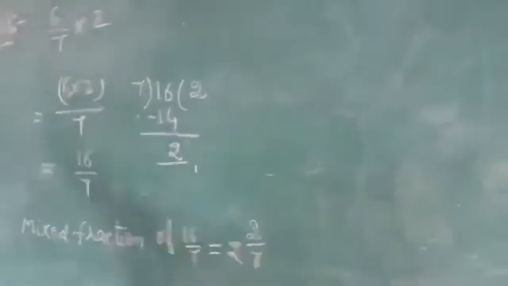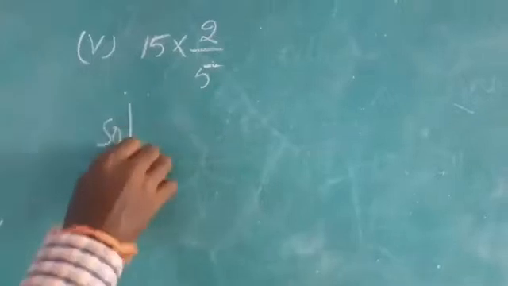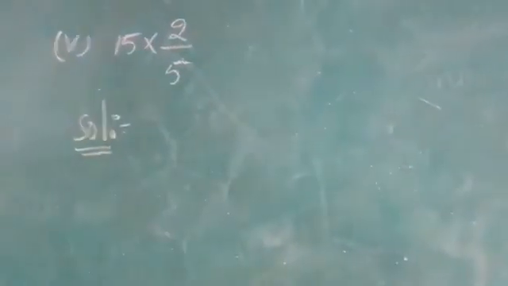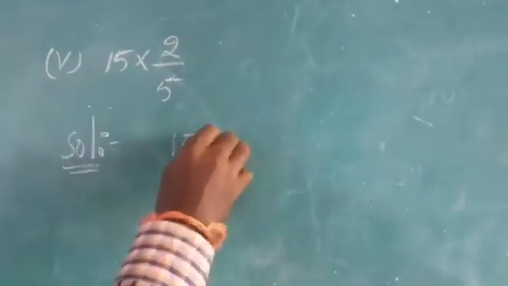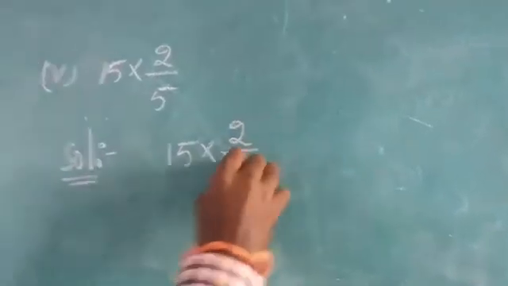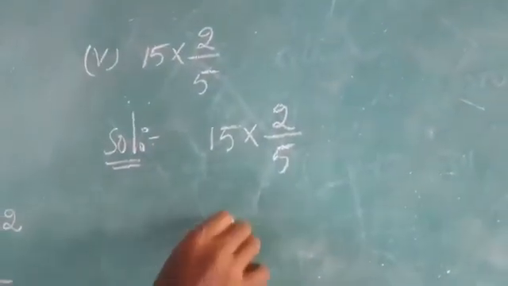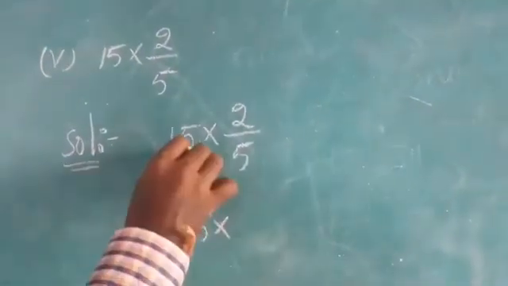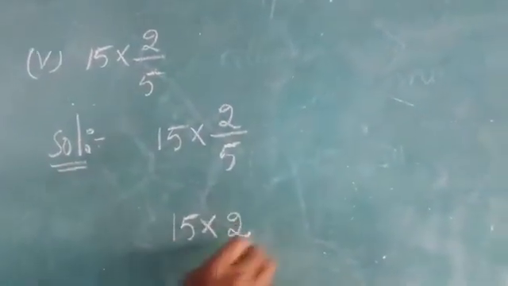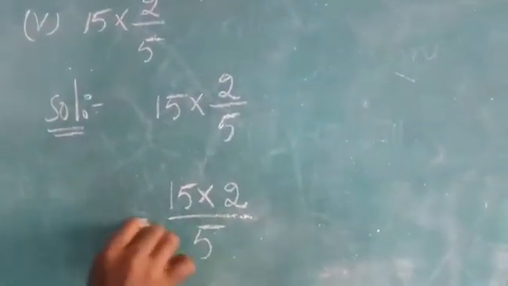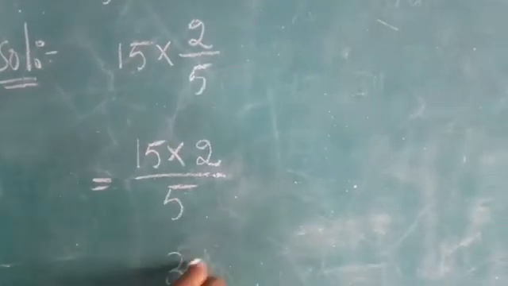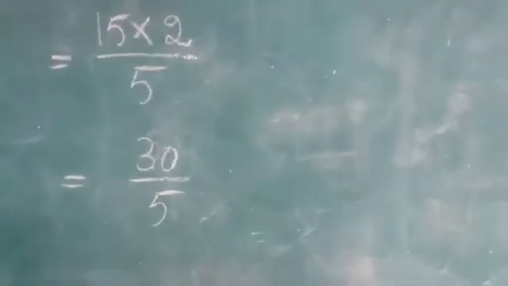Then similarly we go for the fifth problem. What is the fifth problem? 15 into 2/5. Then we told you clearly, this 15 you need to multiply with the numerator. 15 into 2/5, 15 2s are 30/5. You can write that, yes or not?